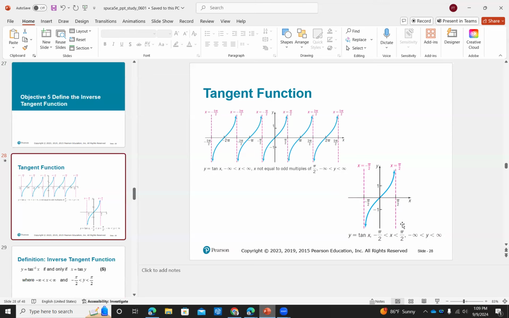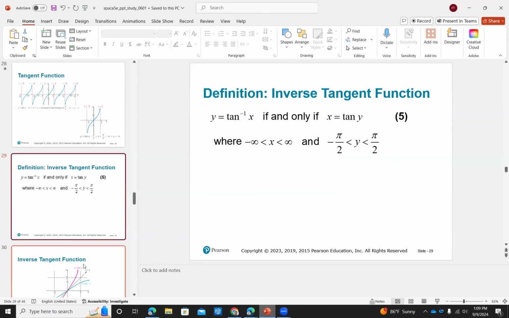One period of the tangent function runs from negative pi over 2 to positive pi over 2, and the range is negative infinity to positive infinity. When you talk about the inverse tangent function, your x and y values will switch. So for inverse tangent, your domain is from negative infinity to positive infinity, but your range will be negative pi over 2 to positive pi over 2.